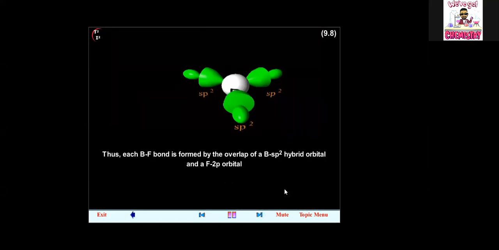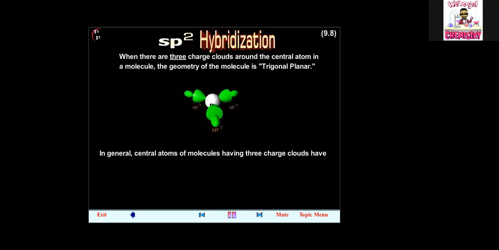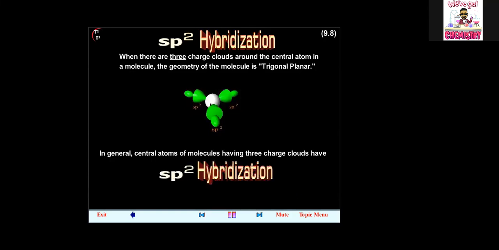Thus, each boron-fluorine bond is formed by the overlap of a boron sp2 hybrid orbital and a fluorine 2p orbital. In general, central atoms of molecules having 3 charge clouds have sp2 hybridization. I hope you can see the pattern now.